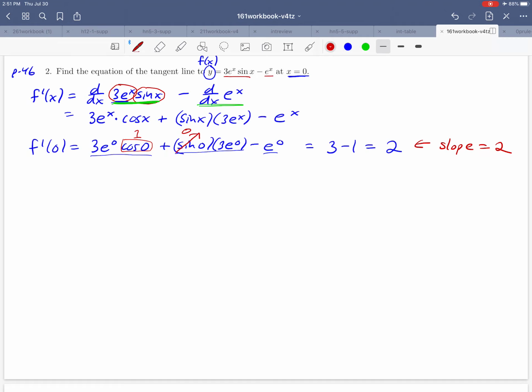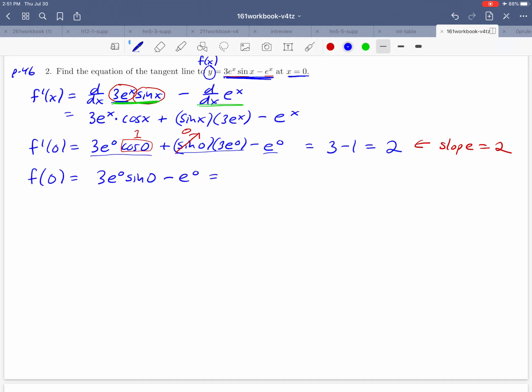What was the other piece of information that we need to find the equation of a tangent line? We need a point on the line. To get a point, we can take our x equals 0 and substitute it into the function itself, which looked like 3e to the x sine of x minus e to the x. Let's substitute 0 in for all of those x's.